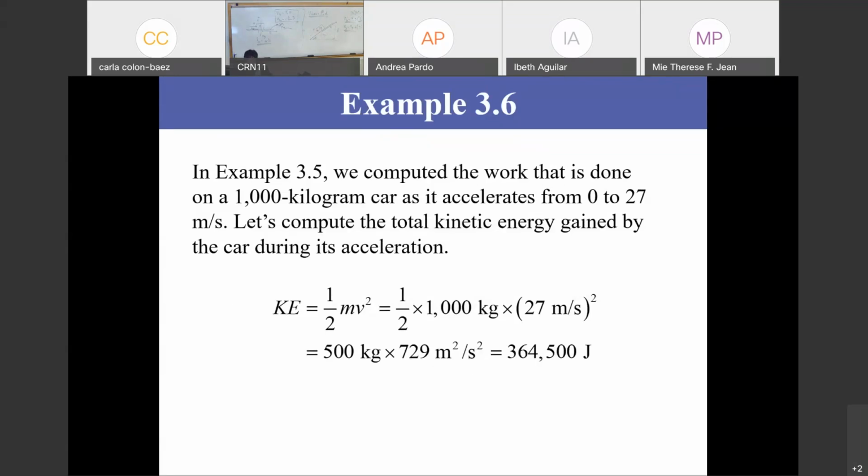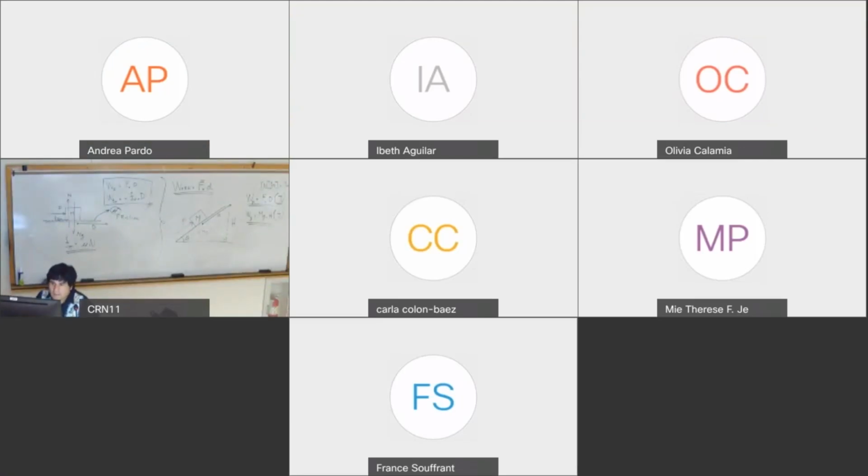So let's talk not just about kinetic energy, but a little bit about potential energy. So the two most common types of energy in mechanics: kinetic energy and potential energy. I'm going to draw the diagram on the board I was talking about.